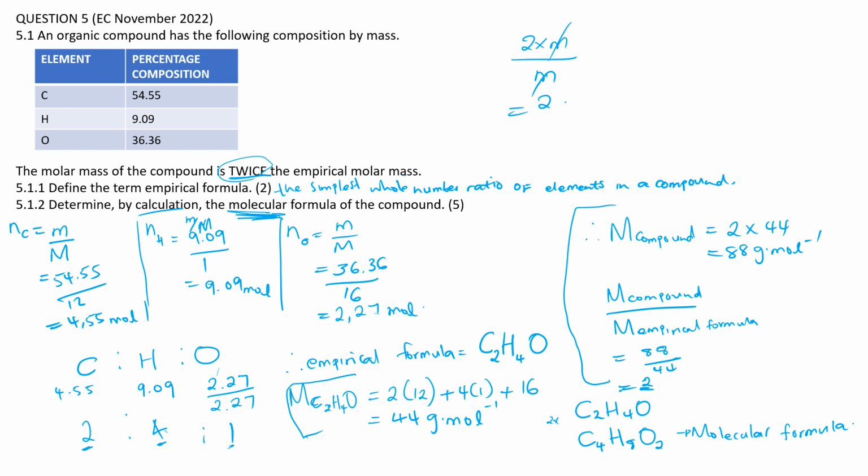So you could have skipped the whole process. I just want you to remember the steps when you're going to determine the molecular formula if you are given the molar mass of the compound. If they give you a certain value, then you know that these are the steps that you're going to follow. But if they say that it is twice that of the empirical molar mass, then you know that you could have just skipped all that to get to the 2.